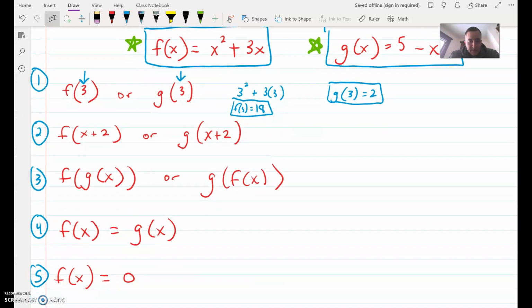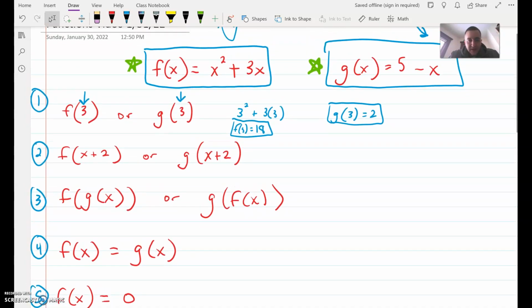Okay, next one. What if they mix it up here and say, I want you to find f of x plus 2? x plus 2 becomes your input, and you plug that into the x spots I'm highlighting here in your function. Or if you were finding g of x plus 2, you would plug x plus 2 into the x spot of the other function.